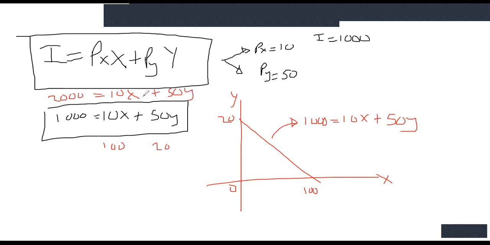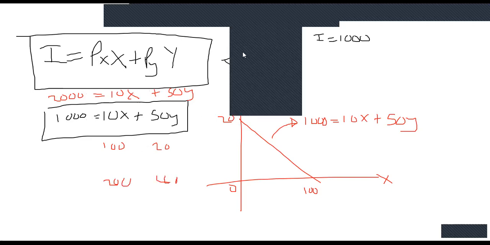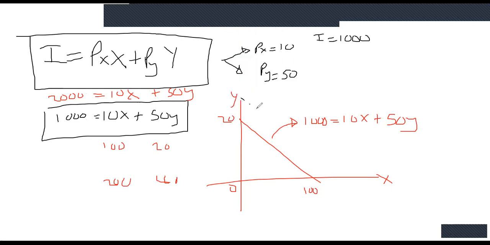What would happen? 2,000 divided by 10, we get 200. 2,000 divided by 50, we get 40. So the implication of the increase in income will cause the budget line to shift outwards. So meaning you're going to be able to afford more units of good Y and good X. So you're going to double here, you're going to have 40, you're going to have 200.